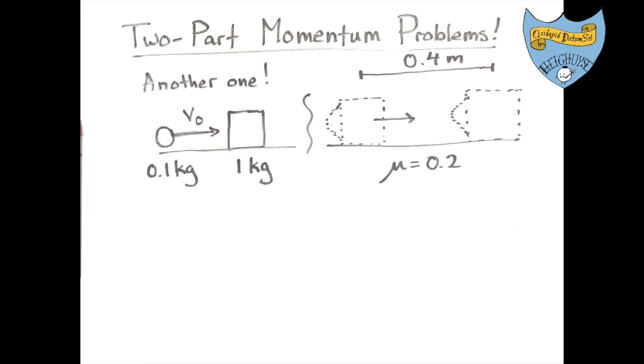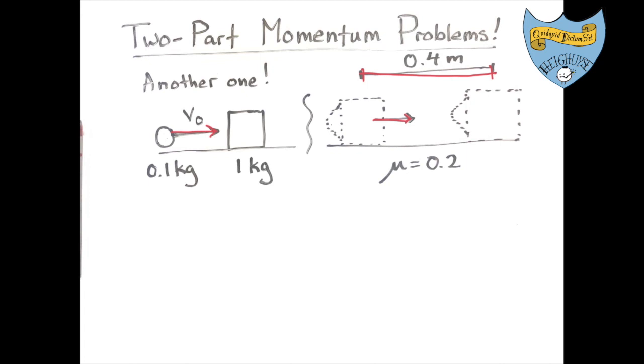The idea is, as usual, for some nefarious reason, the physicist has launched a ball of something squishy, maybe clay, at this block here. It smacks into it. Afterwards, the block is sliding backwards due to conservation of momentum, and it travels some distance before it comes to rest.